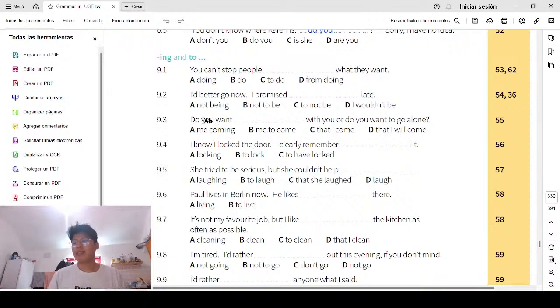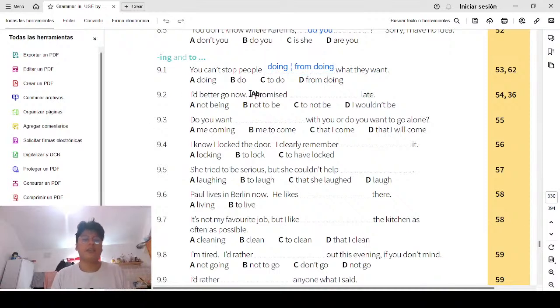Okay, that's interesting because -ing and to is maybe the part of English with the most exceptions. Exceptions for everything. For most -ing forms you have to remember specific patterns or just memorize. That's crazy. For me, the most complicated part as well. So in this case, it's doing and also from doing. You just try to memorize.